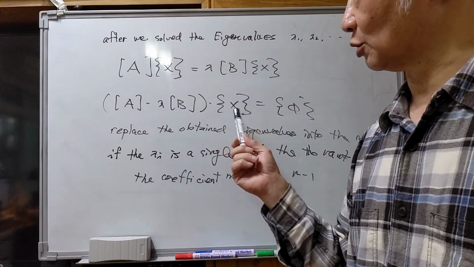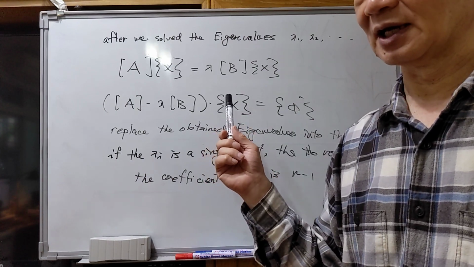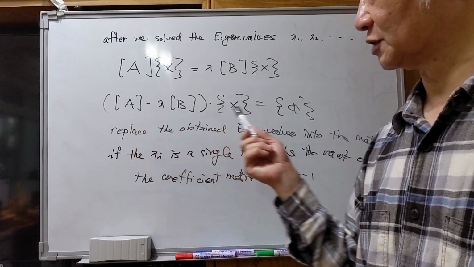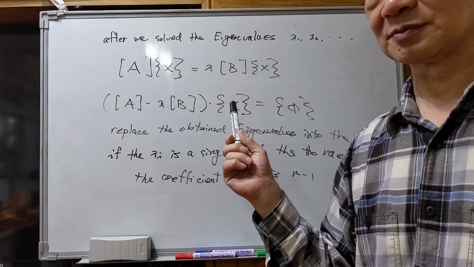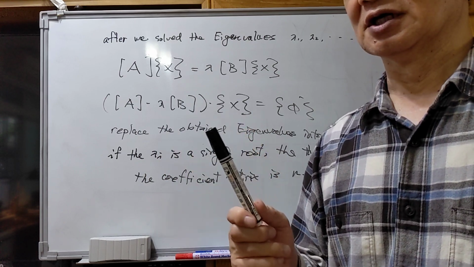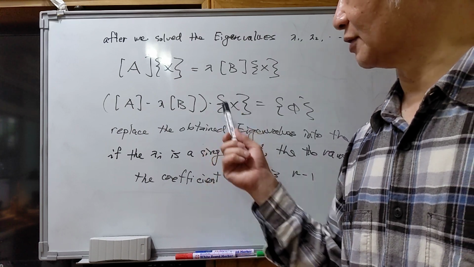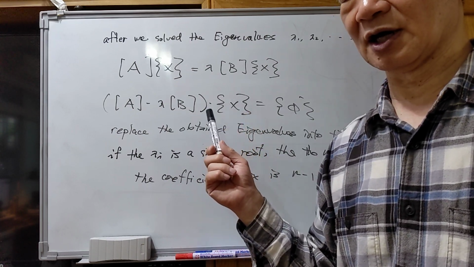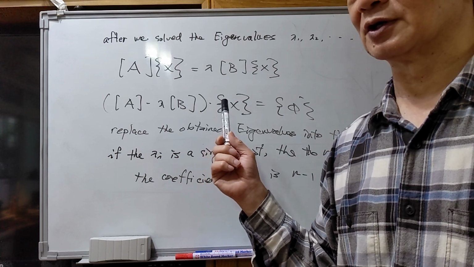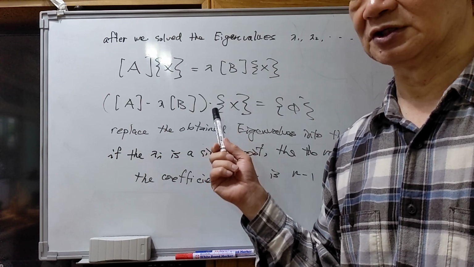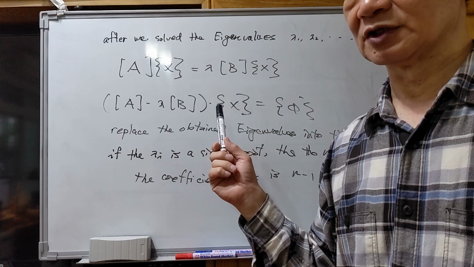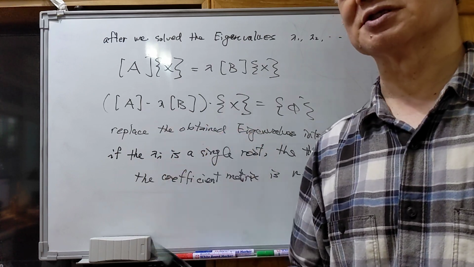The eigenvectors are also the solutions of these sets of simultaneous equations. And after we solve lambda I, there must be an infinite number of solutions for these equations.